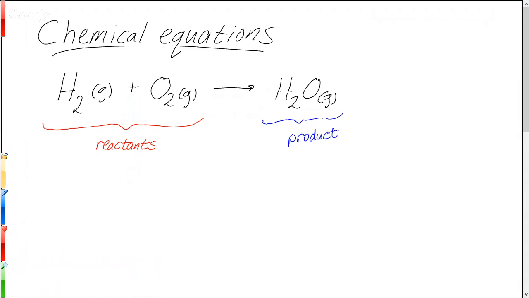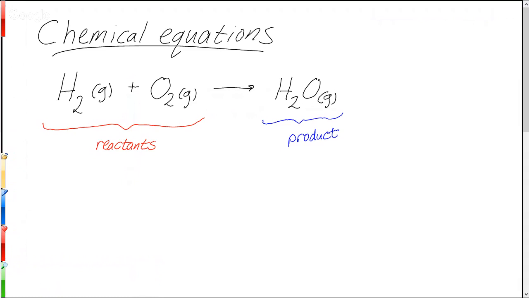Reactants and products are given by the arrow, the fact that the arrow goes from left to right. Not all chemical equations have an arrow going from left to right. We're going to see some where the arrow can go both ways. Sometimes we can talk about the backwards reaction going right to left. So whether we have reactants or products is not dictated by the position on the paper, but by the arrow. So where are you starting and where are you going based on the direction of the arrow. Most of the time, this is the common way to write it. You start with the stuff on the left and you go to the right, but we'll see some examples where that's not the case.